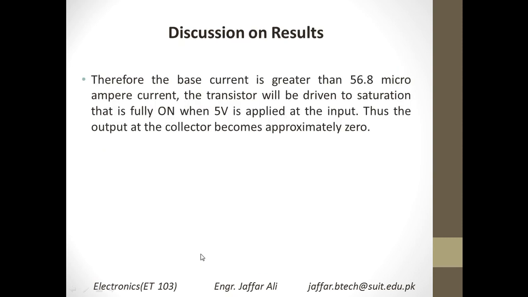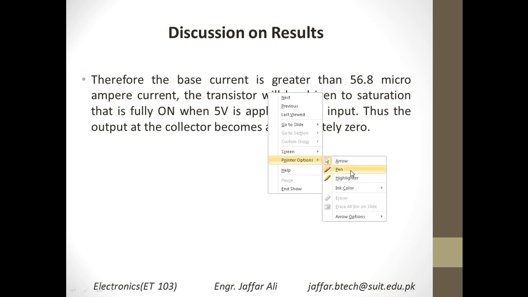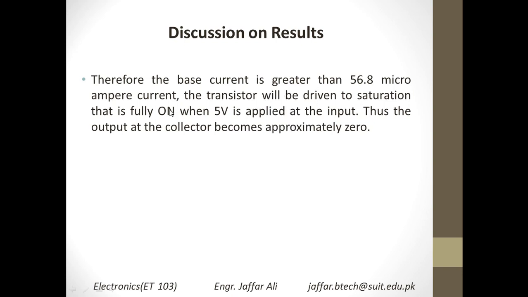Therefore you can conclude that if the base current is greater than this 56.8 microampere, the transistor will be driven into the saturation mode. It means it will be completely on or fully on, and for that you have to apply 5 volt at the input. Thus the output of the collector becomes approximately equal to 0.